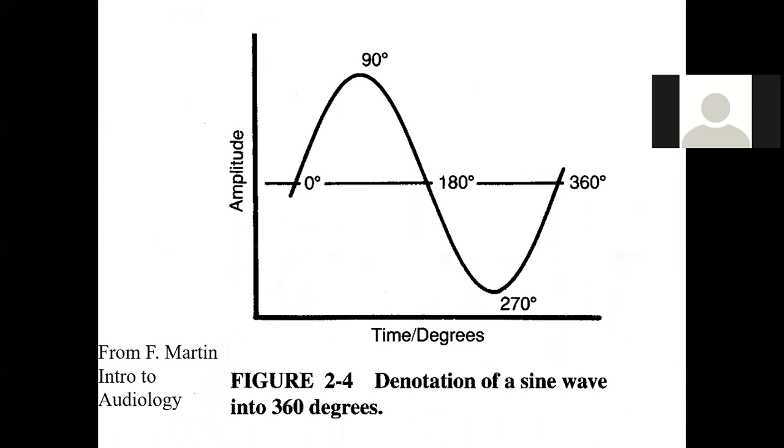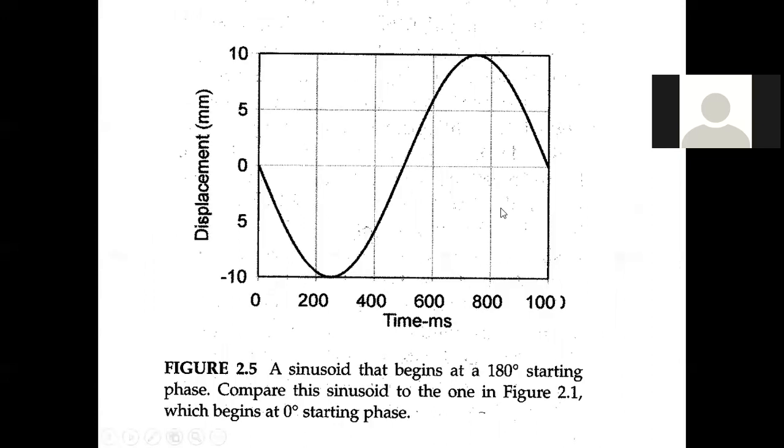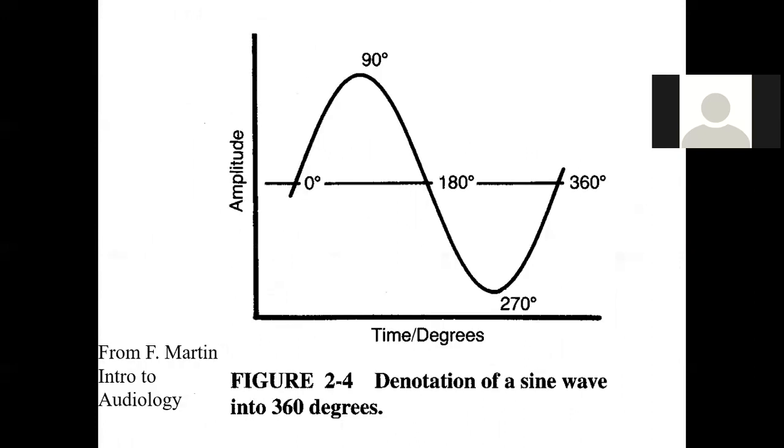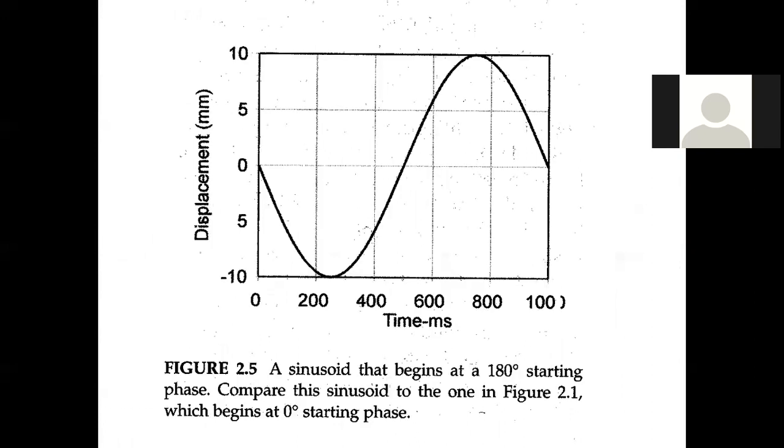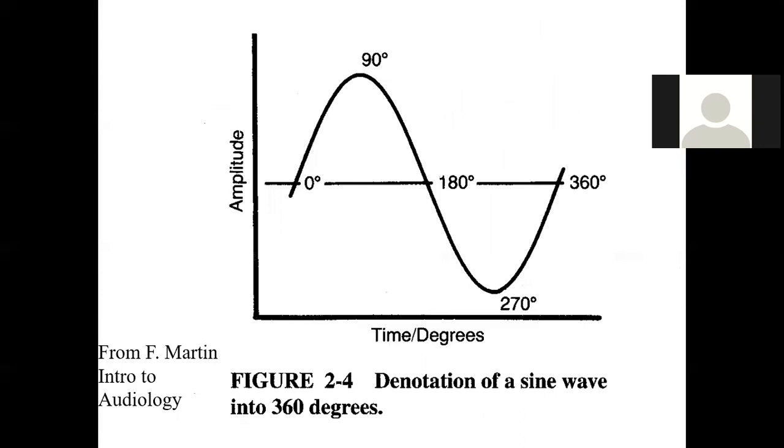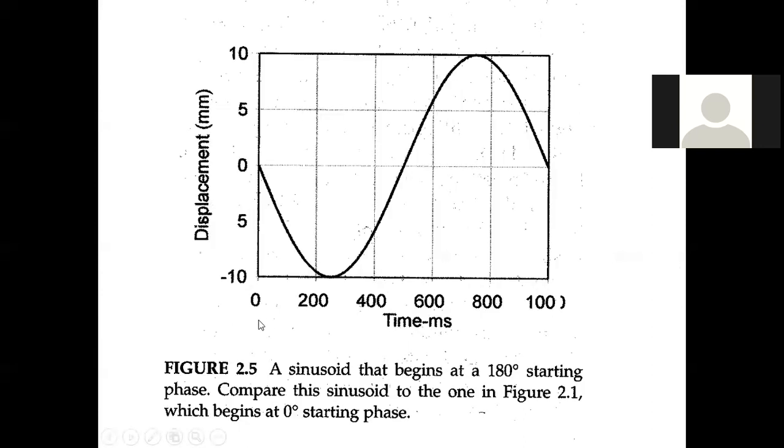This is 1 wavelength, 1 condensation, 1 rarefaction. This is 1 rarefaction, 1 condensation. It hasn't changed. The only thing that's changed is the phase, this one or this one. They're the same frequency; if this is 1 second, the time, and this was 1 second, the time, they're the same. It's just different phase.